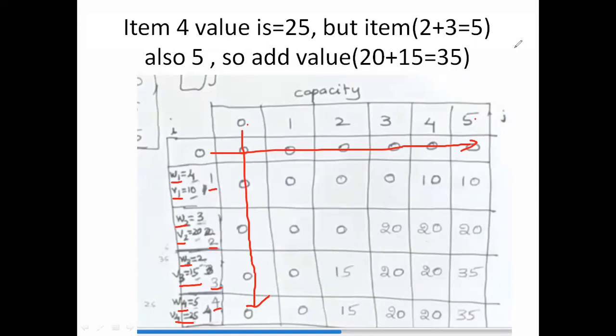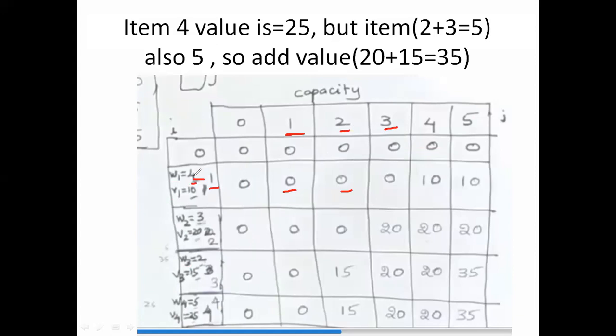How to complete this? Take item 1. The first capacity is 1 kg. Here the weight is 4, we cannot hold it, so it is not possible, so it is 0. For 2 also not possible, 0. For 3 also not possible for 4 kg, 0.